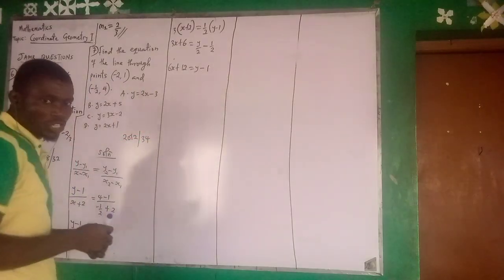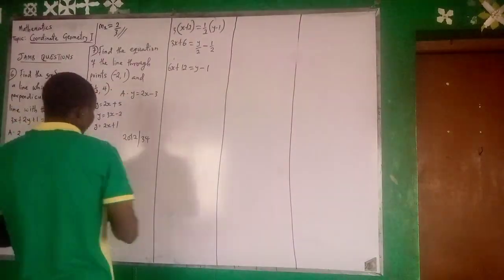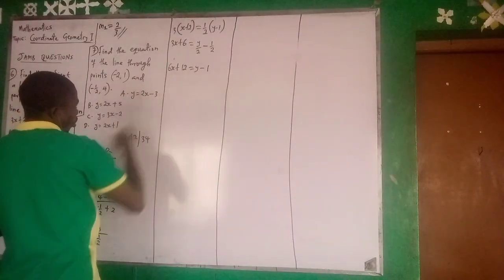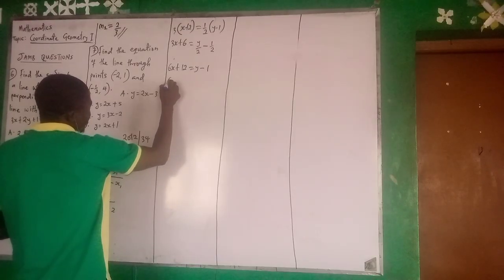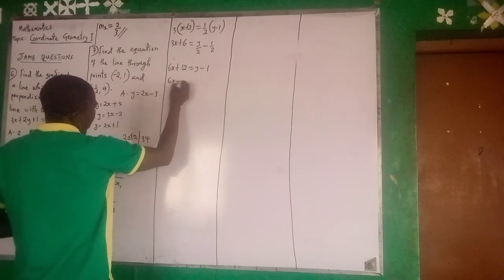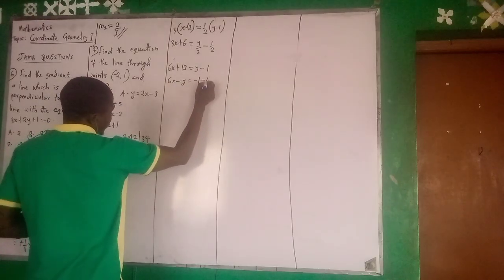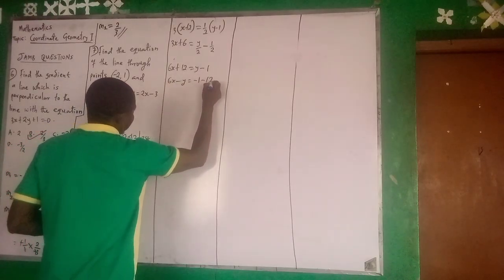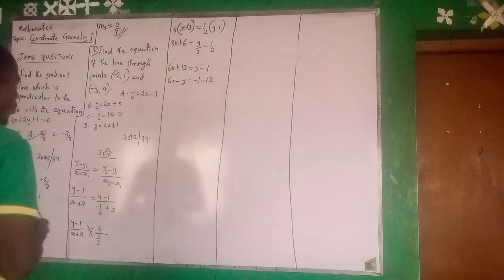I hope you can do this simple calculation. So it's not difficult. Now, let me collect the items. This can be written as 6x minus y equal to minus 1 minus 12, right? Minus 12.